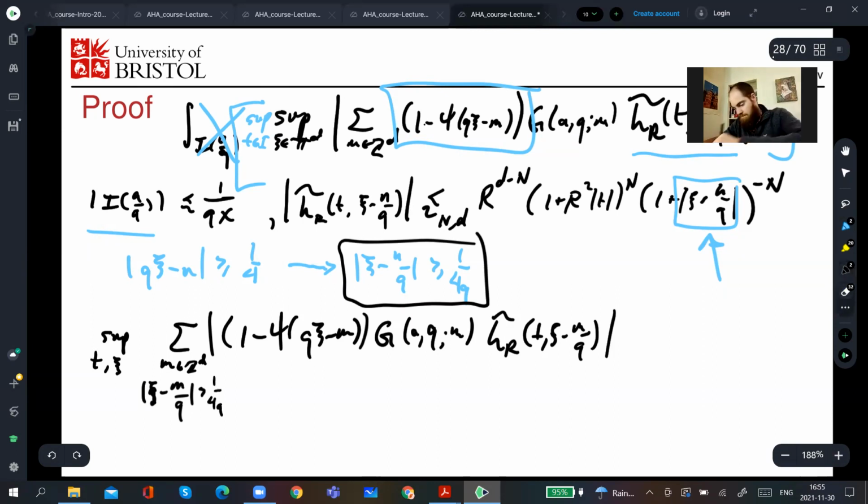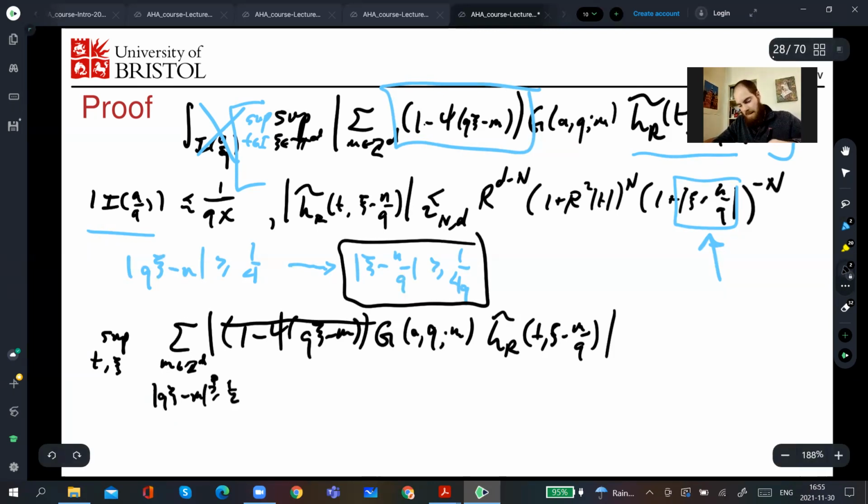No, I don't like that. I'll write it instead as q times c minus m is greater than or equal to 1/2. So I don't have to worry about this anymore.